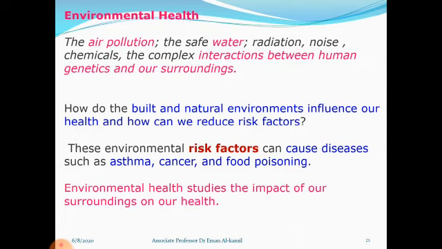What are the factors which cause air pollution, how can air pollution affect the health of people, and how can we prevent it? And what are the effects of water on the health of people, and how can we provide safe water for the people? What are the effects of radiation on health? What are the effects of noise on the health of people?